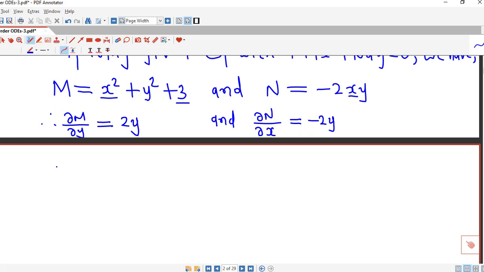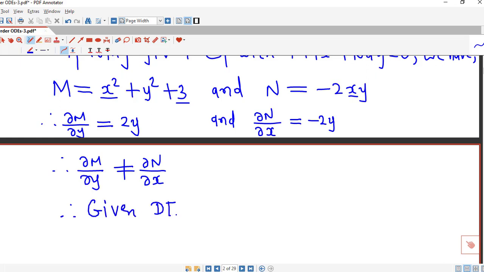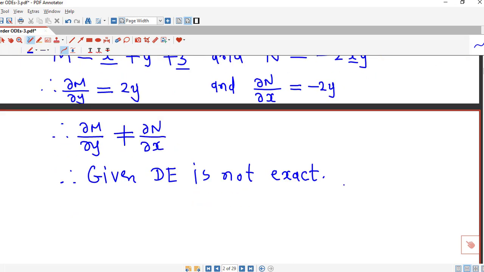So we can see these two are different, therefore del M by del y is not equal to del N by del x. Therefore given differential equation is not exact. So we now try working rule 1.